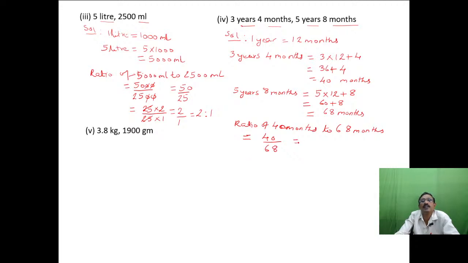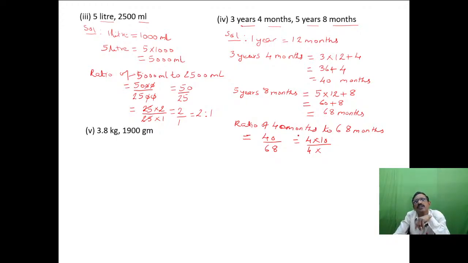Now let us see any table where we can get this. See the units places, 0 and 8. Can I use 4 into 10, 40, and 4 multiplied by which number will give me 68?